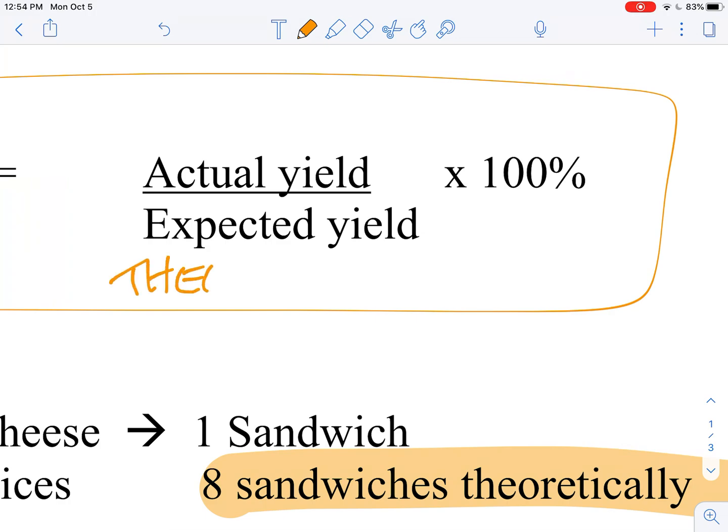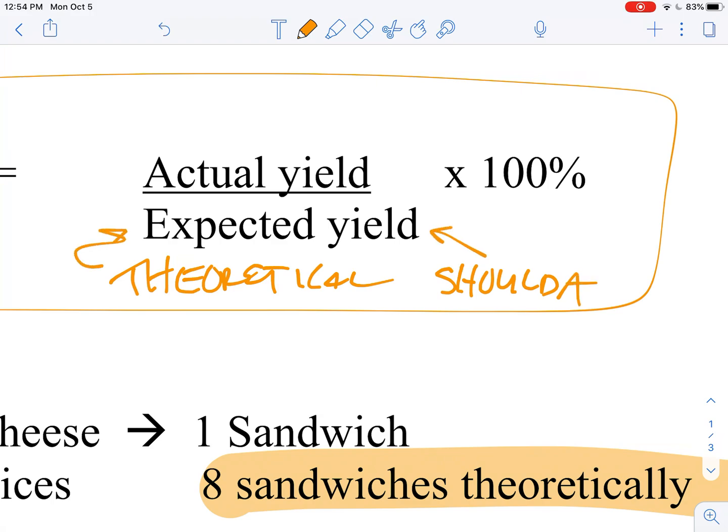So this is your theoretical. That's what you should have gotten. Those are the things that you should have done according to all the math. The actual yield is what you did get.